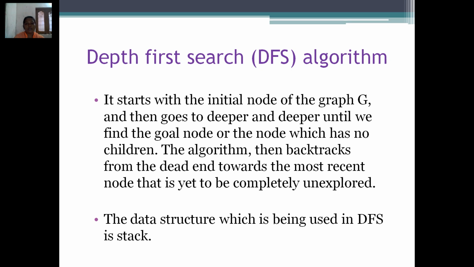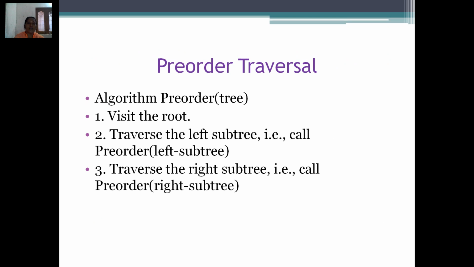The algorithm then backtracks from the dead node towards the most recent node that is yet to be completely unexplored. In this depth first search algorithm, the stack data structure is used. We have already said that there are three depth first traversal methods: pre-order, post-order and in-order. Now we will discuss them one by one.